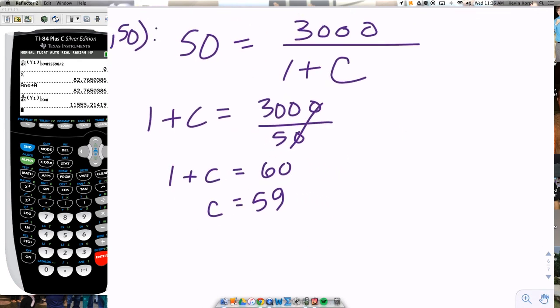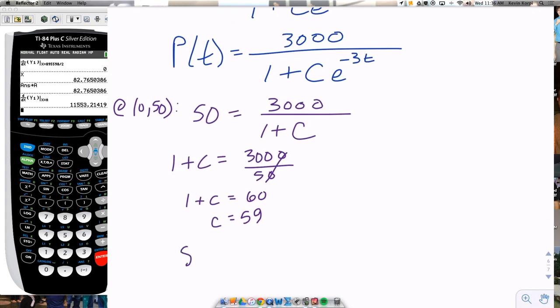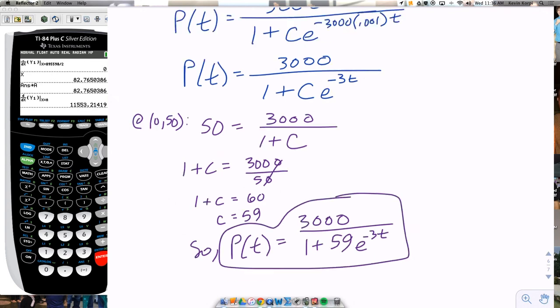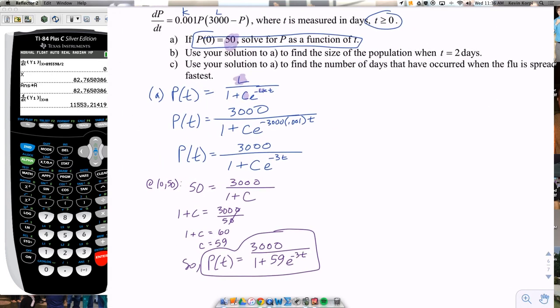Bless you. So P of t equals 3,000 all over 1 plus 59 e to the negative 3t. And you have now created your logistic model, your particular solution. You didn't have to show the separation of variables. You didn't have to reinvent the wheel for this one.